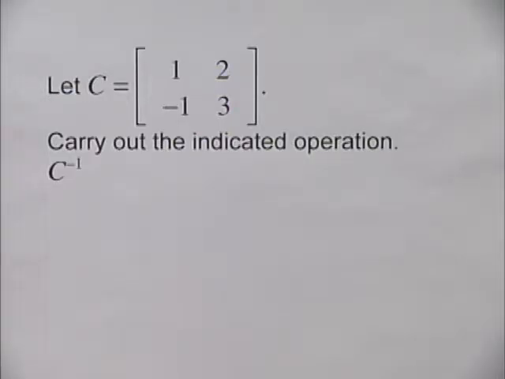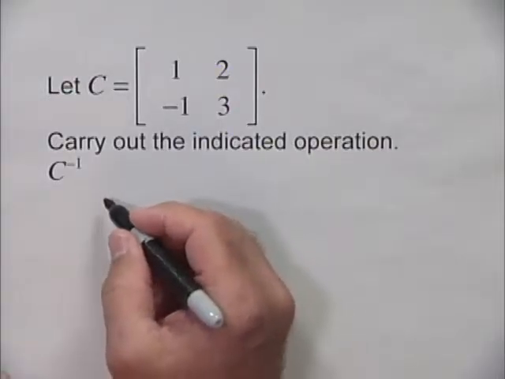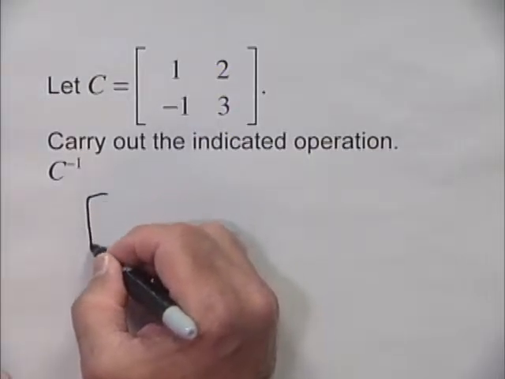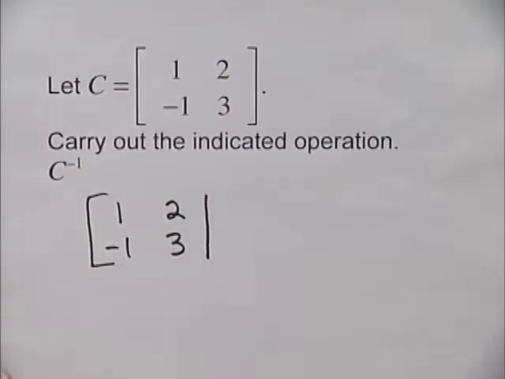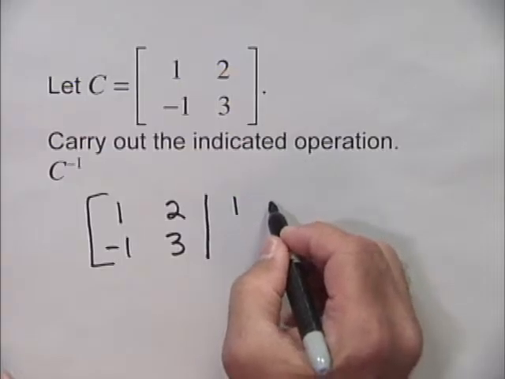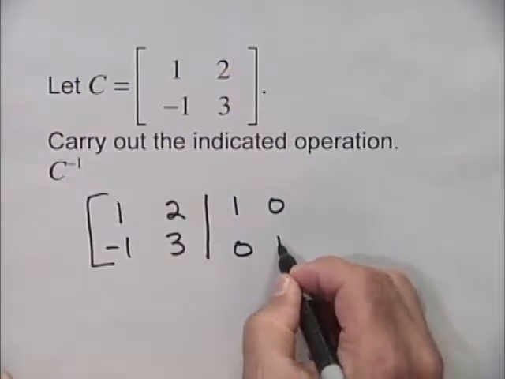To begin that process, we write the augmented matrix where we have 1, 2, negative 1, 3, vertical line, and then we have the 2 by 2 identity matrix 1, 0, 0, 1.